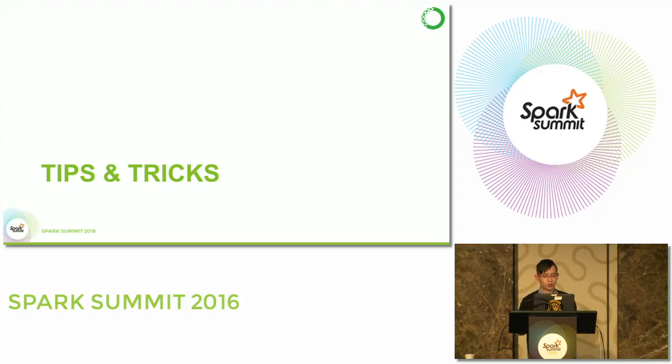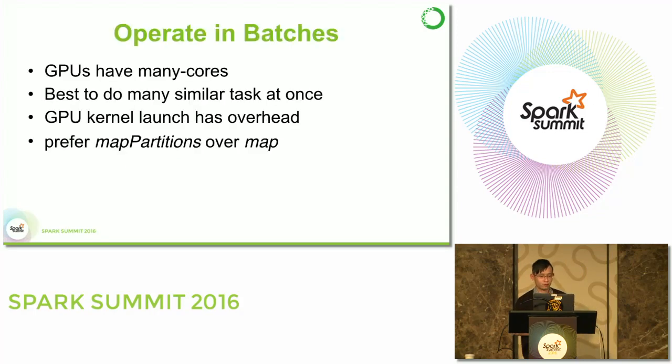So for some tips and tricks and experience that I learned when I developed this example, it's very important that you operate in batches when you use the GPU. The GPU is a many-core architecture. It's best to do very similar tasks all at once on many data.